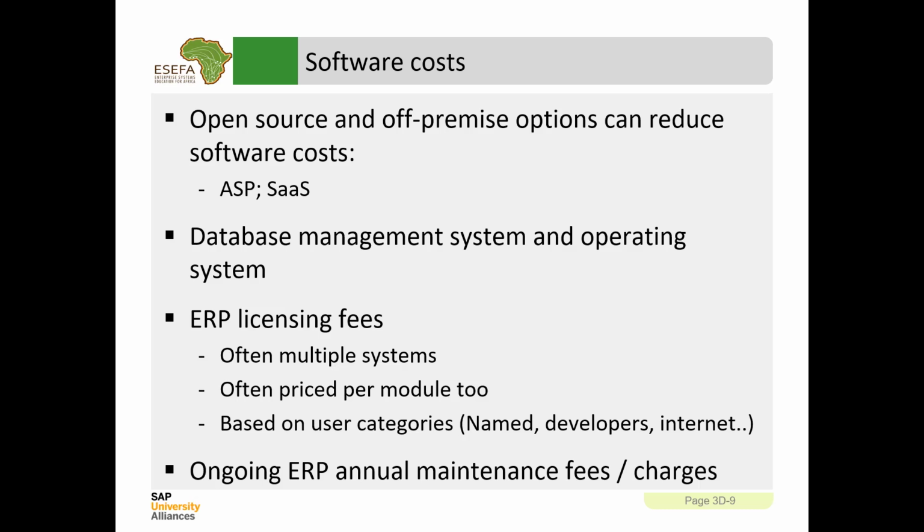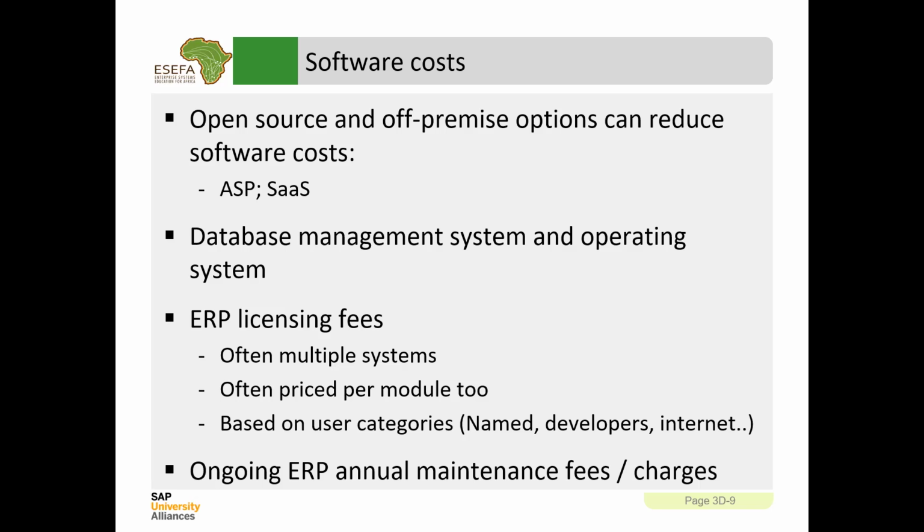The bigger names, sometimes there are some clients, there are some consultants that you go to help you do this. Their fees are based on the consultant, and fees are based on other variable costs around this. So ongoing ERP, annual maintenance fee and charges.